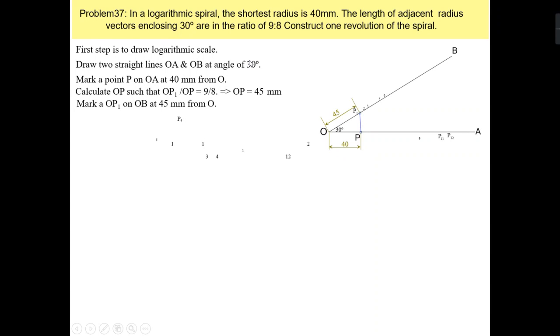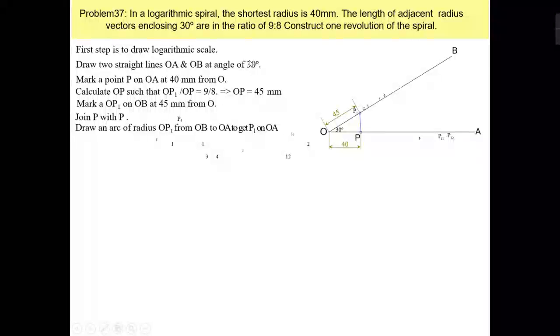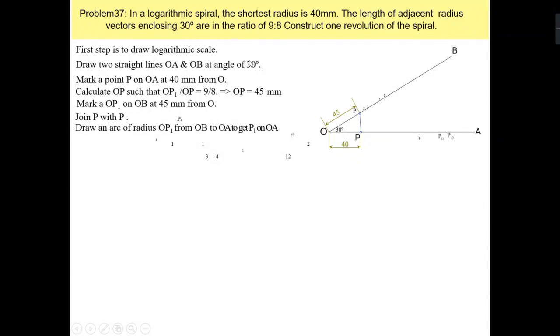Before that you have to join the point P with P1. Then you have to cut an arc having the length of OP1 on the line OA. So basically you are getting the point P1 on OA.